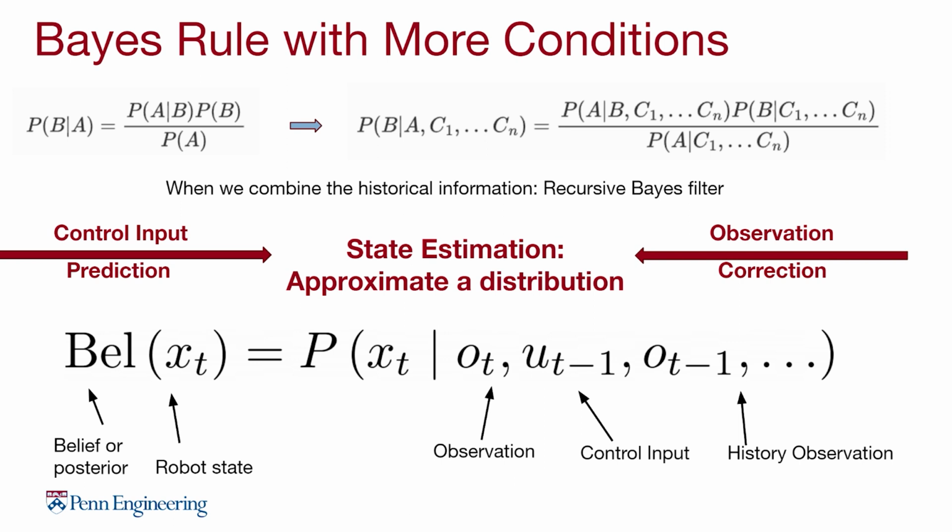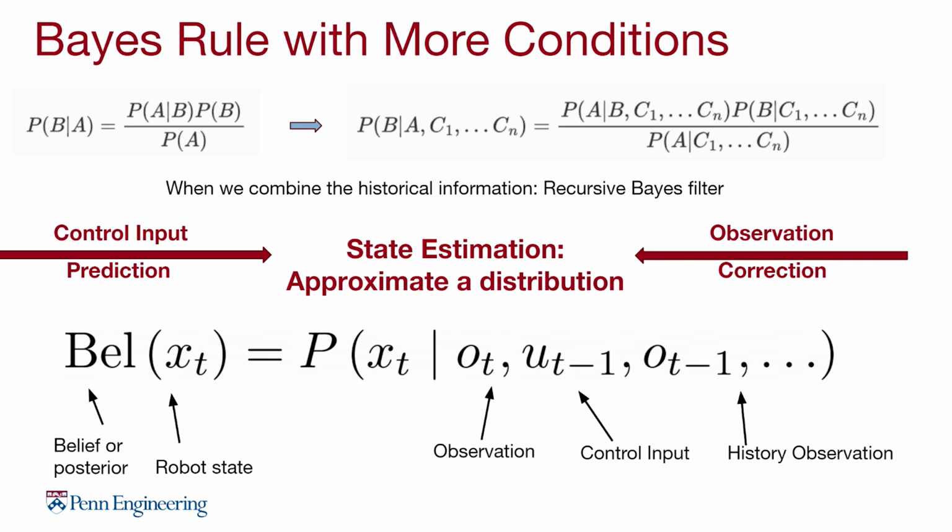So our mission here is that we want to know the belief, or the posterior estimation, for our state. What we have here is a string of observations from our sensor measurements and also our control inputs. So we have the observation and the control input starting from the beginning and up to timestamp t.